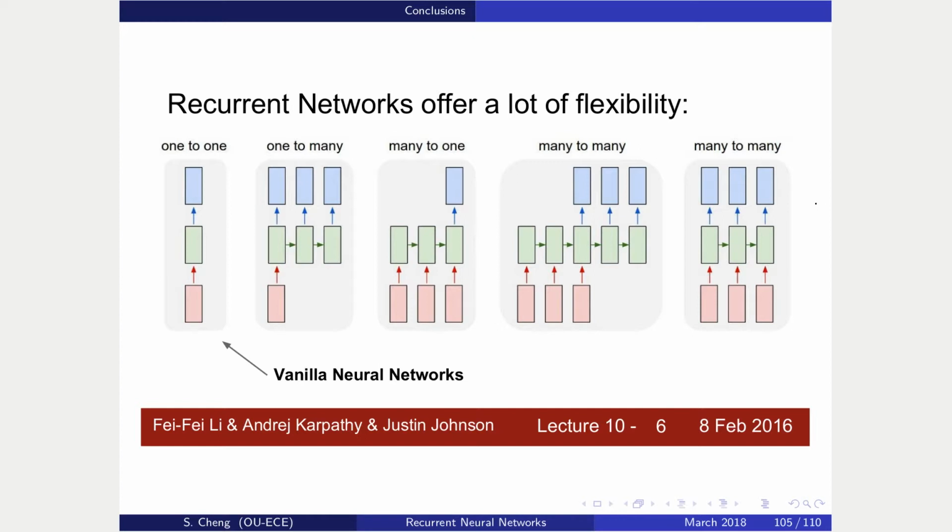So we have this one-to-one vanilla neural network here. And if we expand to RNN to have some memory, we can have one input and multiple outputs, right? So we already saw one example. This is image captioning that we mentioned earlier.